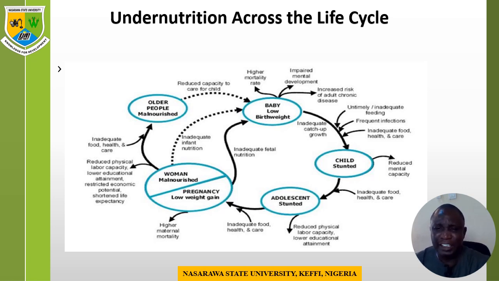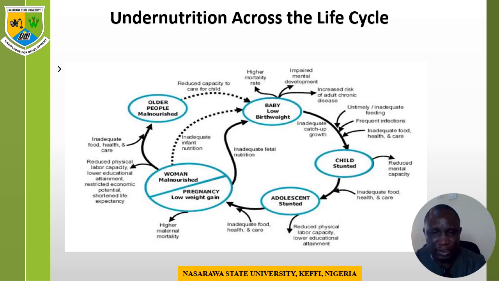And if this stunted child is not treated or does not have the right quality of food and the right quality of health care, this child develops into an adolescent that is stunted, and this will further reduce the physical labor capacity of the individual and lower educational attainment.